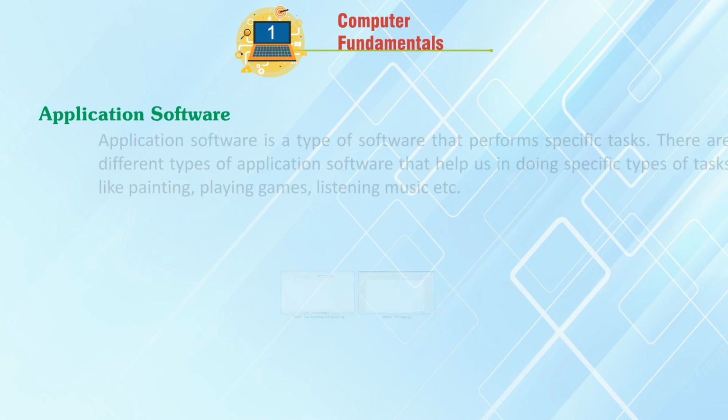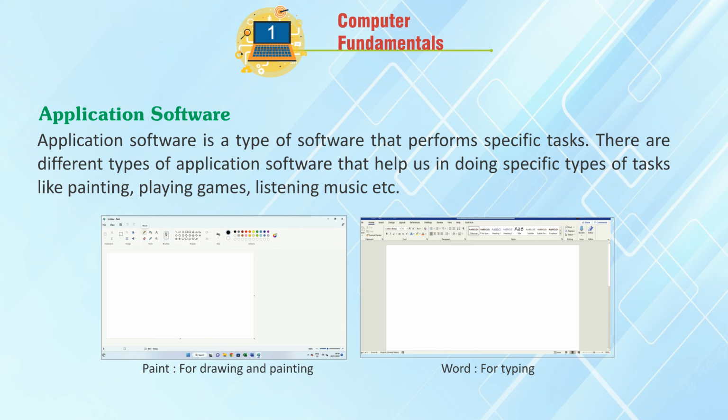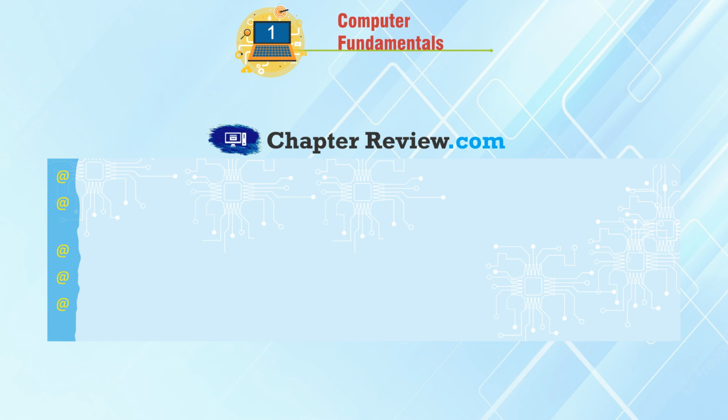Application software. Application software is a type of software that performs specific tasks. There are different types of application software that help us in doing specific types of tasks like painting, playing games, listening to music, etc.